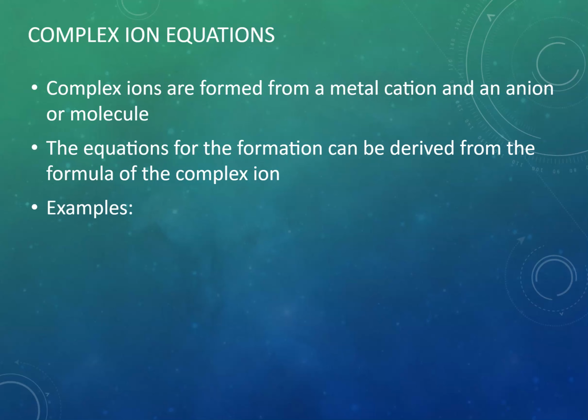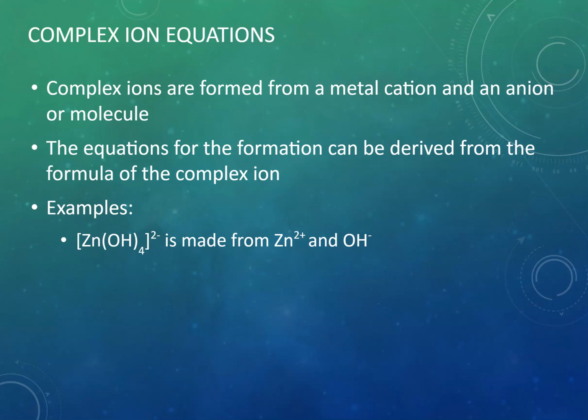So here's an example. Okay, zinc hydroxide, or the zinc hydroxide complex. It's made from zinc 2+ ions and OH- ions. You can see by looking at the formula that there must be 4 OH- ions and that overall charge is going to be 2-.